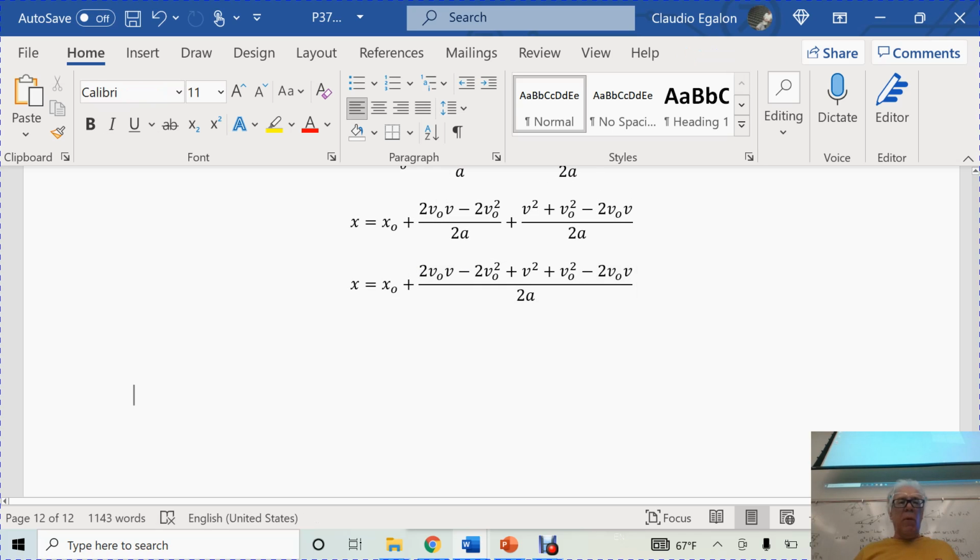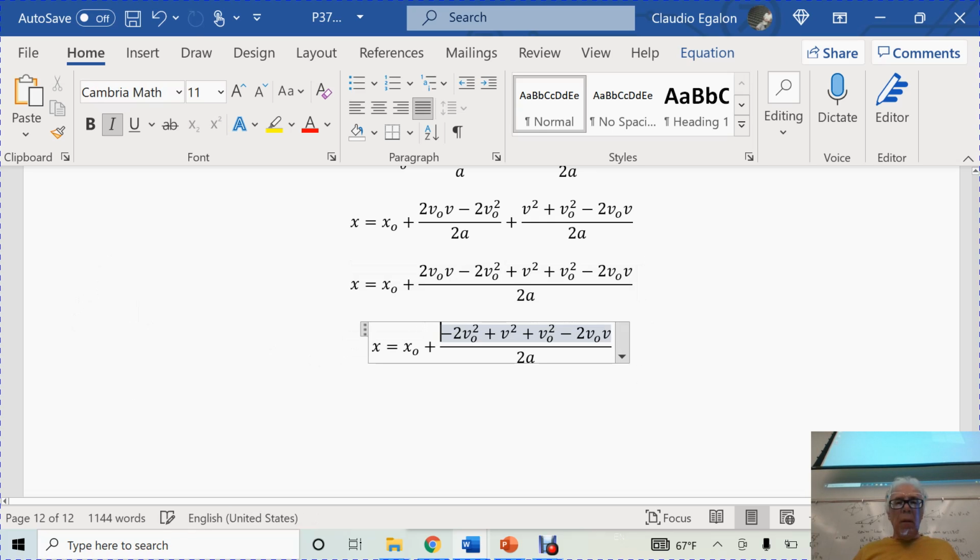So I'm going to put it in a different line. But we also have minus 2v naught square and v naught square, right? What do you end up getting?